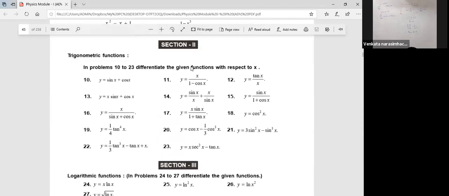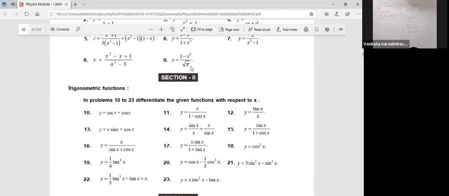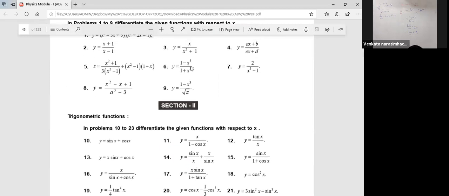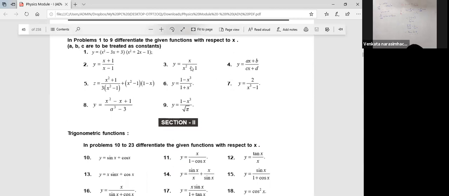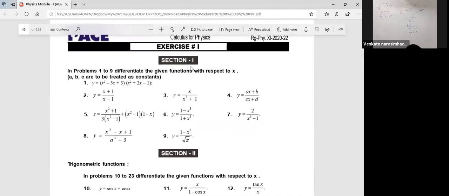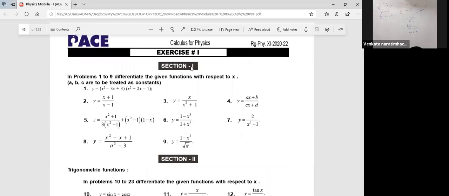Sir, can you send the calculus booklet? It's already sent on the group here. All of you have access to it. Sir, should we try calculus differentiation problems from other books?